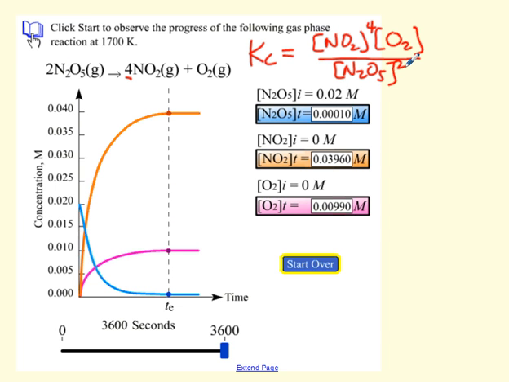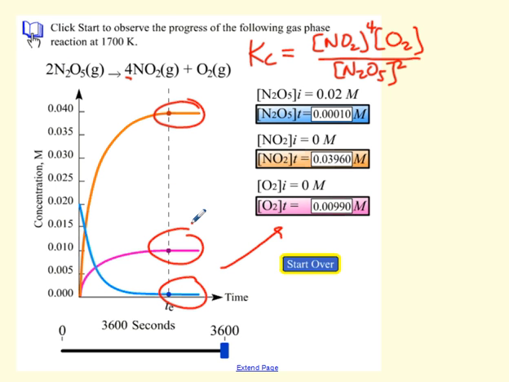If you take the concentrations measured at equilibrium, which we have here, and plug them into the Kc expression, you should be able to evaluate Kc. So Kc here, the NO2, 0.0396 to the power of 4.